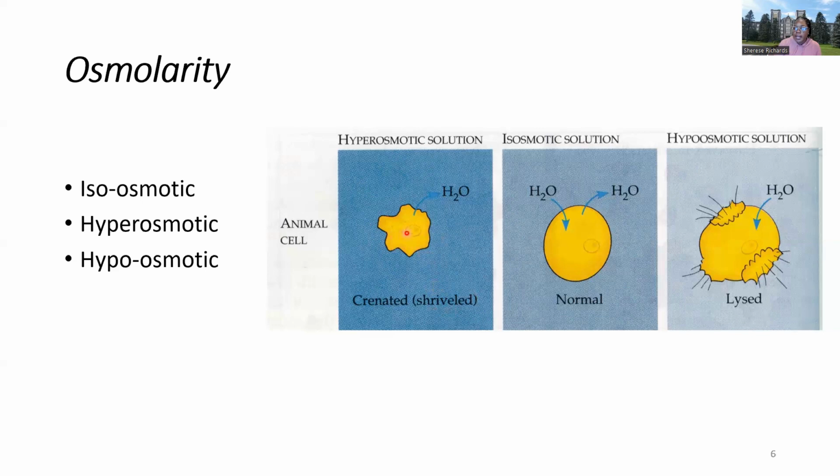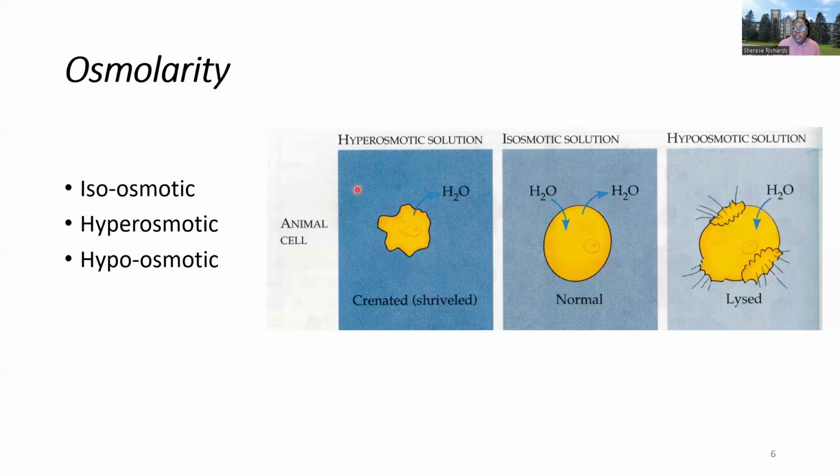Therefore, relative to that, our cell is going to have a higher water concentration. And so what that is going to do is create a gradient where water moves from high water concentration, otherwise known as low solute concentration, on the inside of the cell out into that solution, which has a low water concentration and then a higher solute concentration.